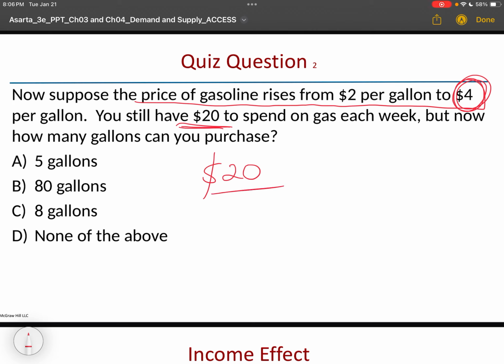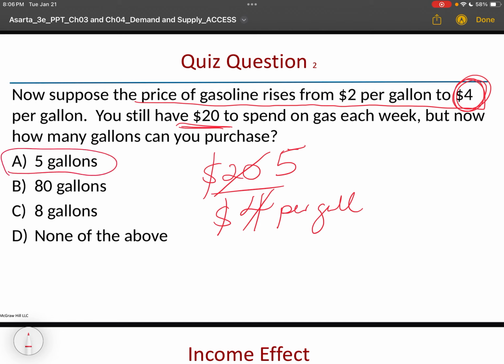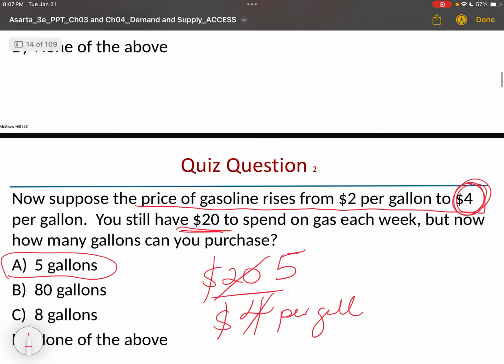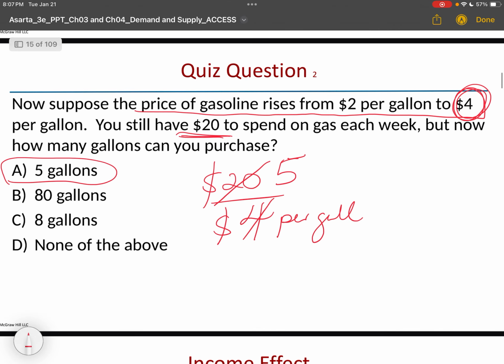Well, your $20 divided by $4 per gallon, that's 5 gallons. So that's the answer here. You went from 10 gallons to 5 gallons. You feel poorer. Okay, you feel poorer.